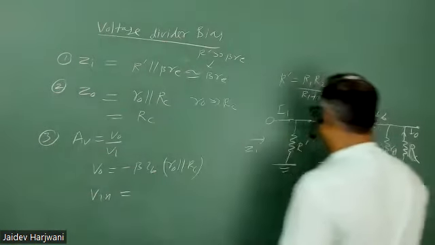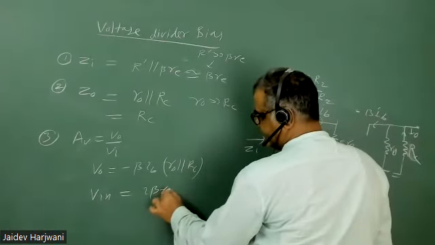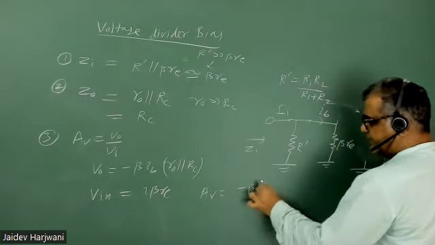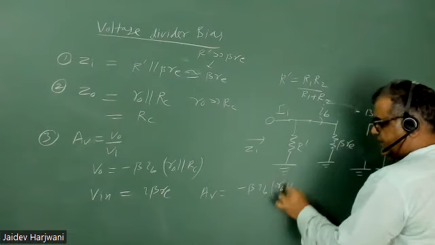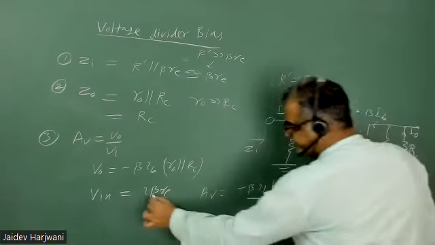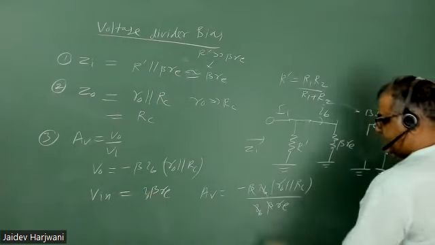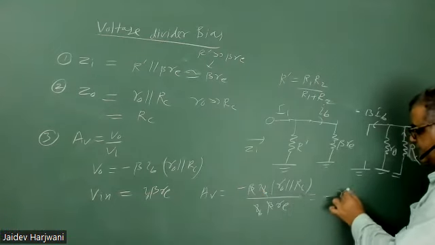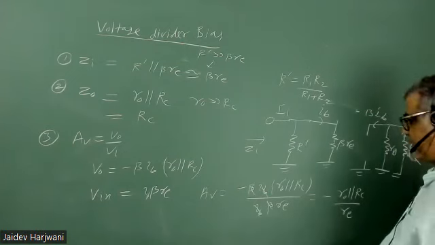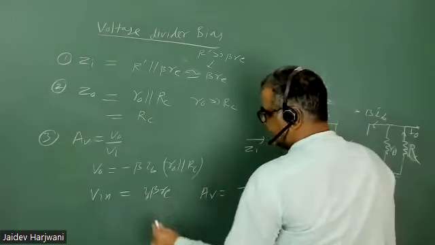And V input is very simple. V input is here, this is IB beta RE. So your AV will now be minus beta IB, R naught parallel to RC, upon IB beta RE. IB cancels, beta cancels. Now your AV will be minus R naught parallel to RC upon RE.